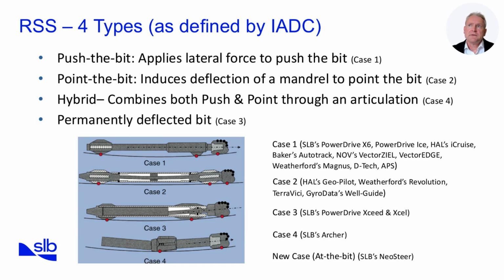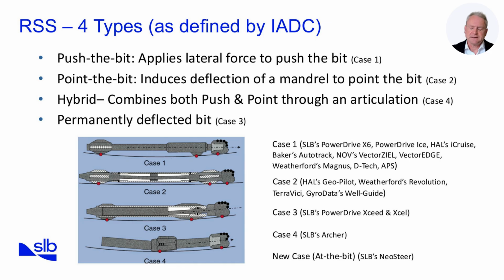The GeoPilot from Halliburton was the first reliable tool to market and was seen by many as the engineer's answer to rotary steerable technology. Unfortunately, maintenance costs tend to be high, which limits their application. Also, because of the complexity, this can have a knock-on effect on reliability. Other examples are Weatherford's Revolution, the Terravici tool, and Gyrodata's WellGuide.